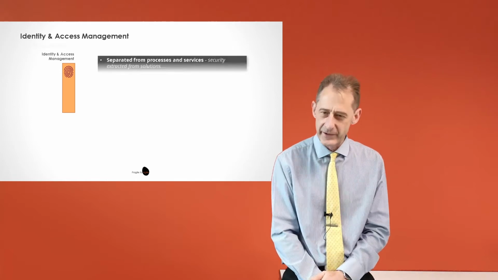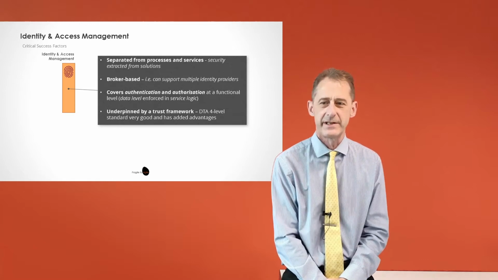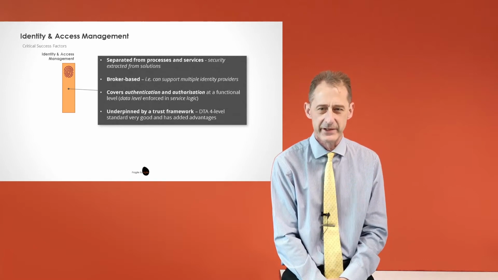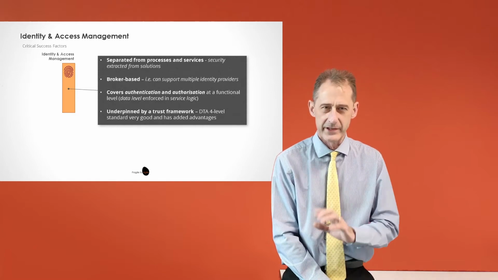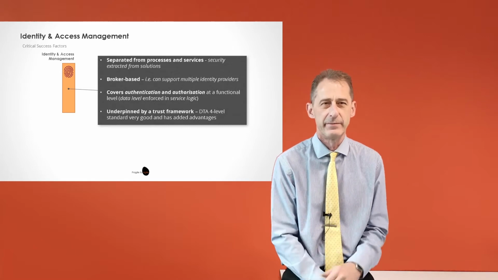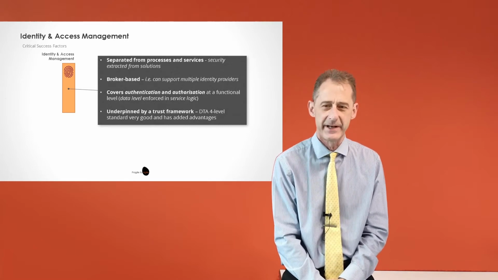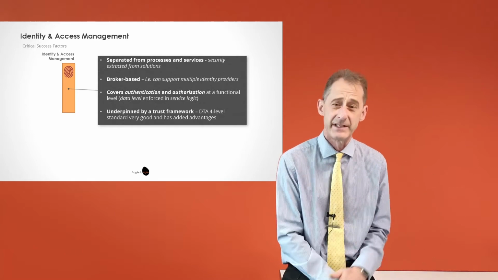So let's look at a few of those critical success factors, as I focused on already. Separated from your processes and services, extracted from your solutions. It should be broker-based. That one's so important, I'm actually going to cover that as the final slide of this deck to explain in a bit more detail what we mean by broker-based identity and access management. It must cover authentication, proving that I am Glenn Smith.